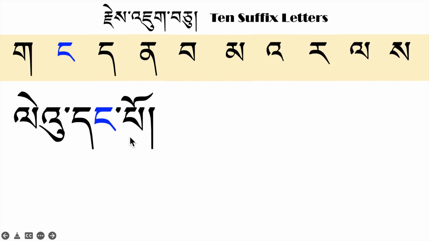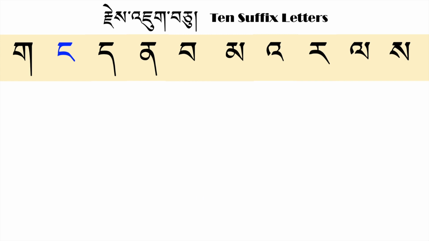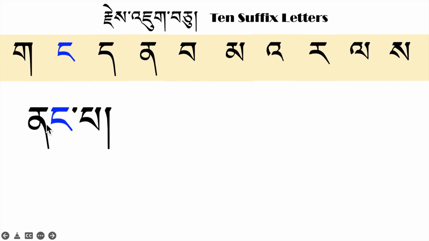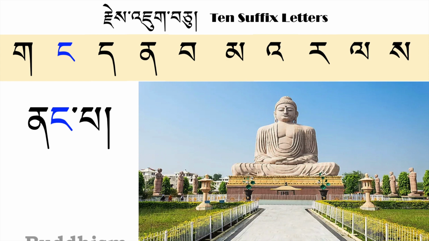Leu tangbo means first episode. A movie has many episodes, so they say leu tangbo. Next one, na, nga, nang, pa. Nangpa means Buddhism.